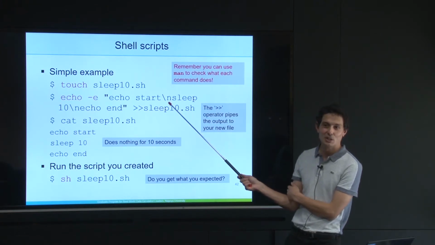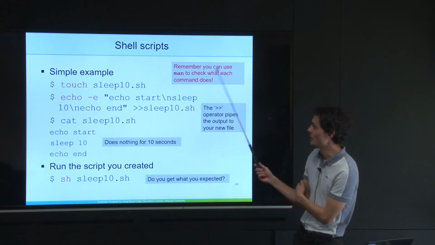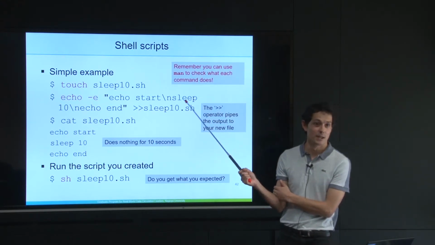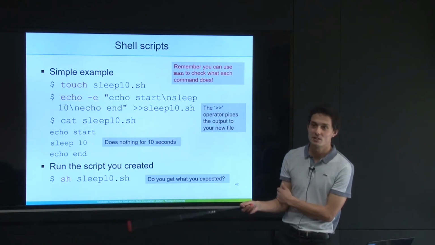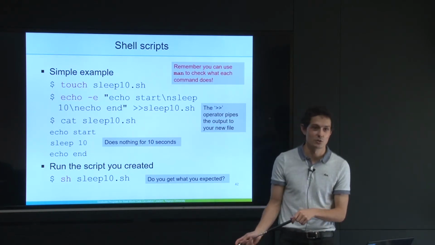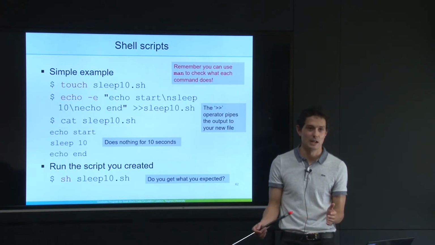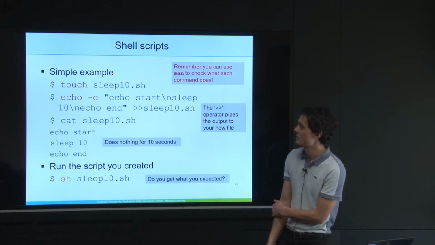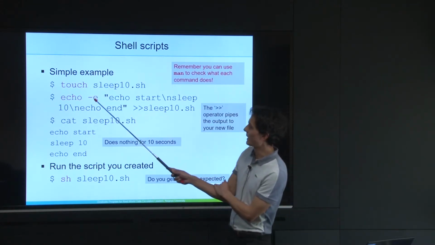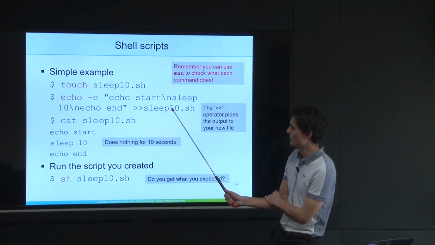Now this is a bit of a jump from what we've been working on previously. It's getting a little bit more complicated, but there's heaps of little things like this in Bash. Well, of course, we can't learn them all today, but if you wanted to write Bash scripts to do little tasks, on Stack Exchange or just searching on the web, you'll find lots and lots of little tricks for how to do things. But if you run this command, it will echo this text into the sleep file.